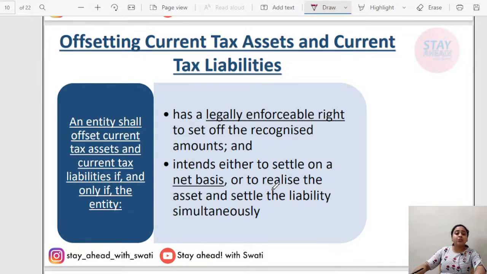Generally, they should be shown separately, but offsetting is allowed only when it is permitted as per the law, and secondly, the entity's intention is also to set it off on a net basis.